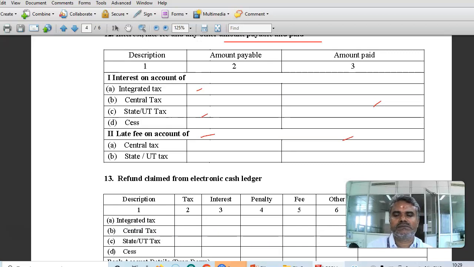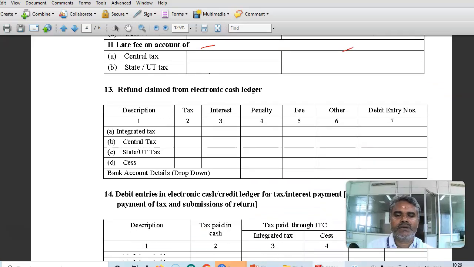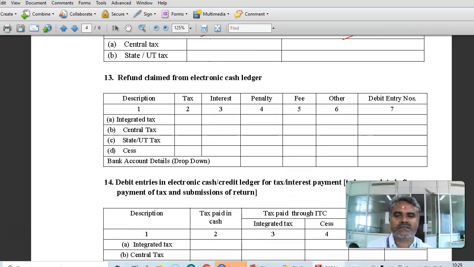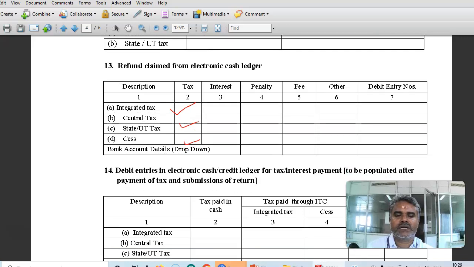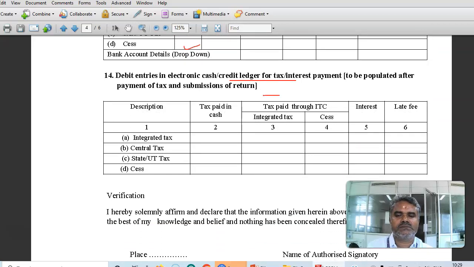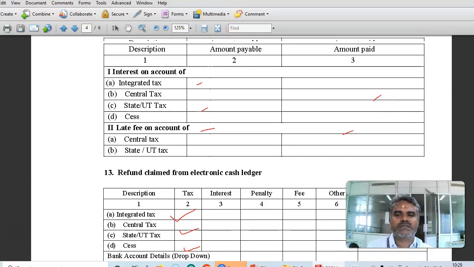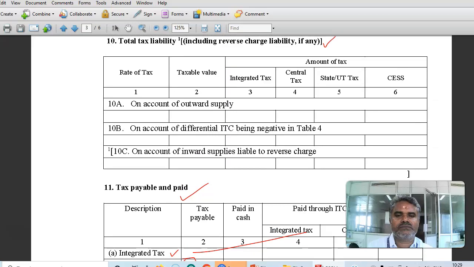This is interest on account of integrated, central, state tax, and late fee on account of central and state. After adjusting, this is refundable. Then debit entries in the electronic cash ledger and all. This is GST 5.